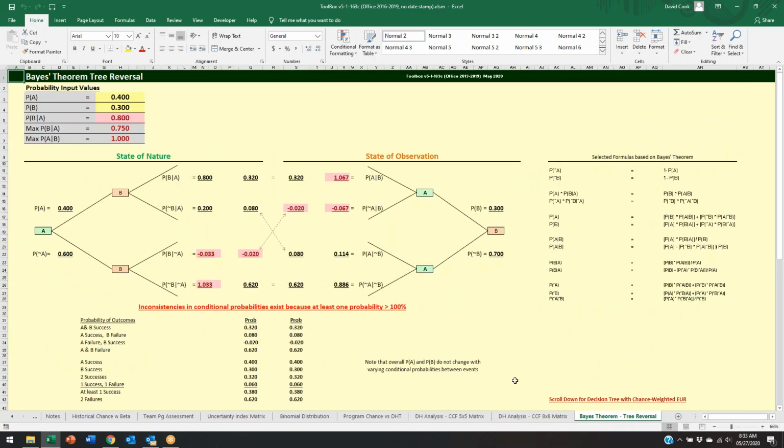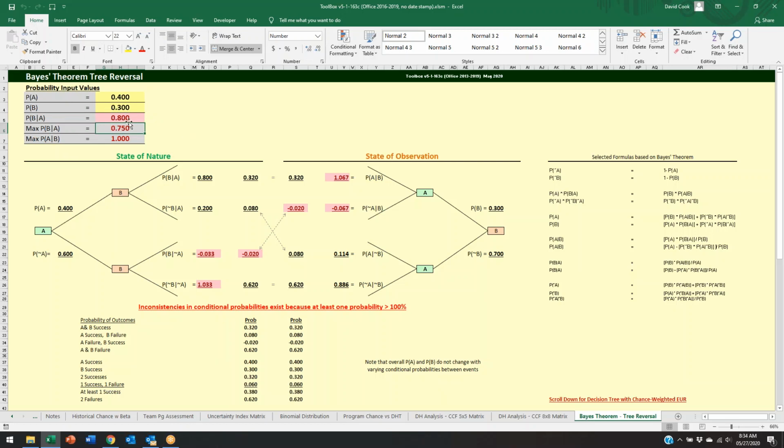The last item in chance of success is a Bayes' theorem reversal, such that you can go in and capture probability values for 2 events, and it will calculate the conditional probability of the second event given success in A. Here, it's represented in red that the conditional probability calculated is in excess of what Bayes' theorem would allow.